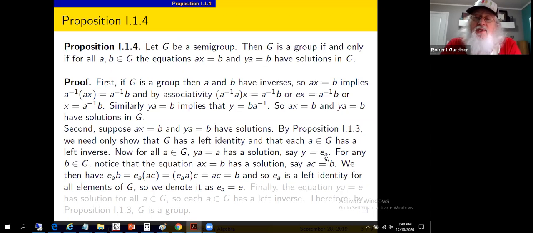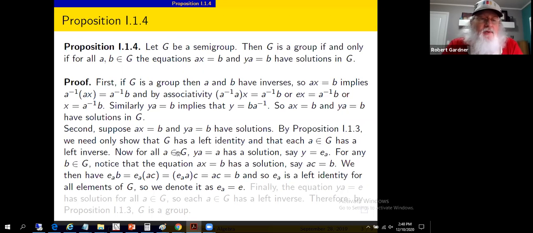Let's call that solution E sub A. So that we have E sub A times A equals A. I choose the symbols E sub A because this is acting as at least a left identity for element A. That doesn't mean it's a left identity for everything. So let's show it is a left identity for everything.